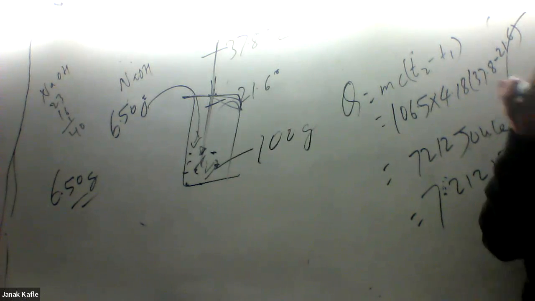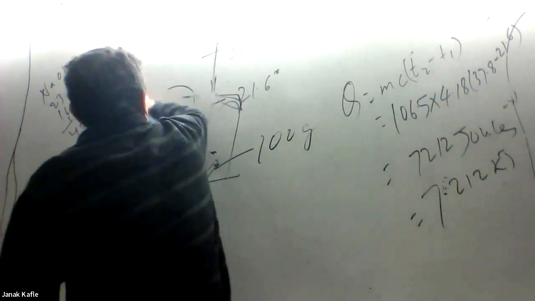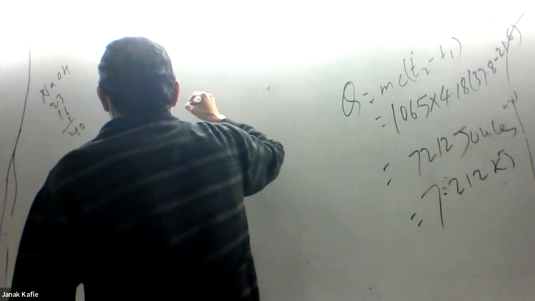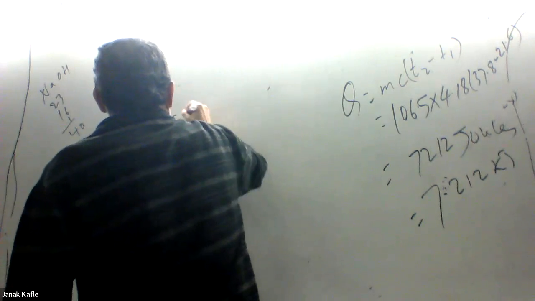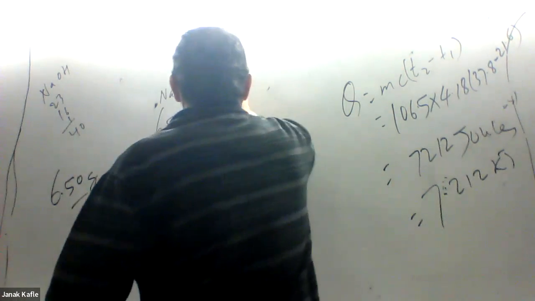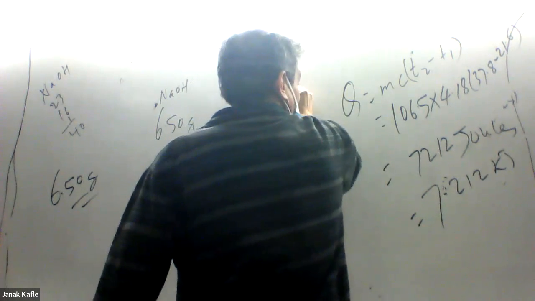Good. So either way is fine. You can do it this way also. If you have thrown 6.50 gram NaOH, you would get that much heat, 7.212.